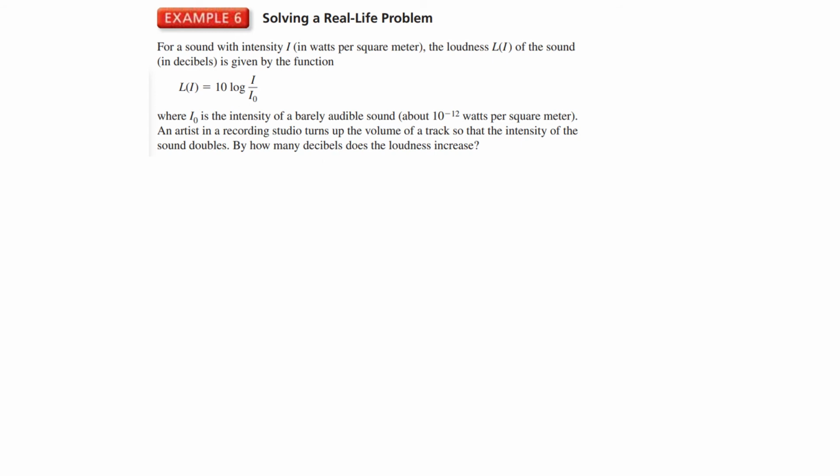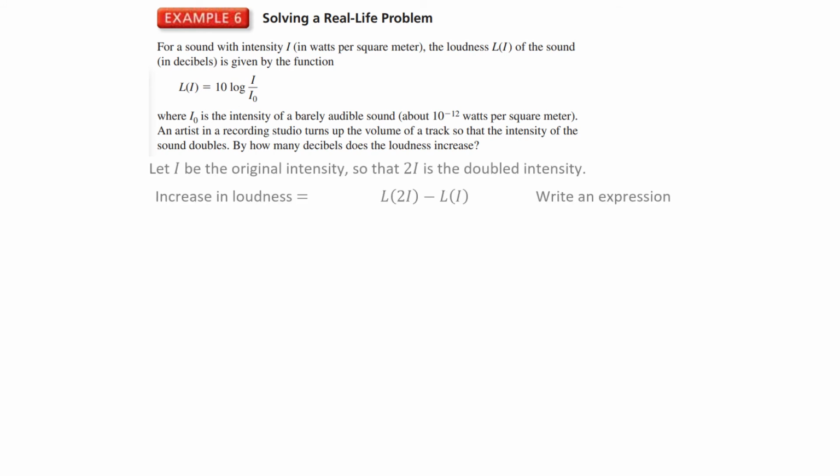So we can think about what we're talking about. If the loudness is based upon this formula and the intensity is doubling, then where we see I, we would want to write 2I. Okay, so we're going to talk about the loudness of double the intensity minus the loudness of the original intensity in order to see what the difference is between the two.